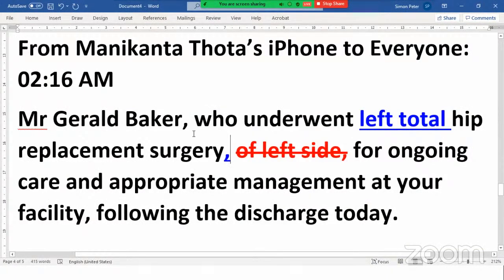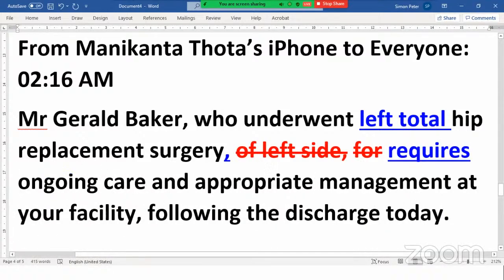Mr. Gerald Baker, who underwent left total hip replacement surgery. When you say Mr. Gerald Baker, you have to say requires. If you say I am referring or something like that, then for is needed. When you say I, for is needed. When you say Mr. Gerald Baker, requires.